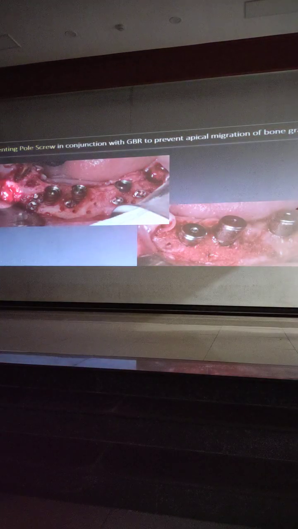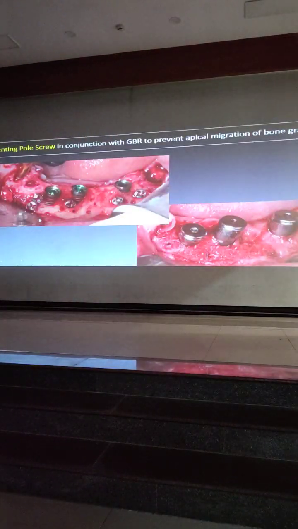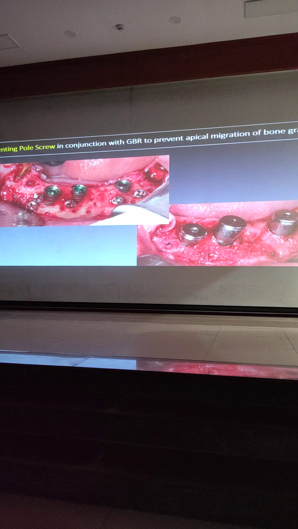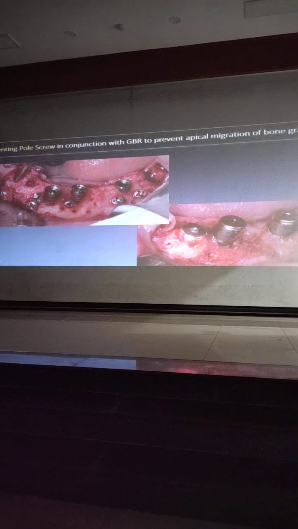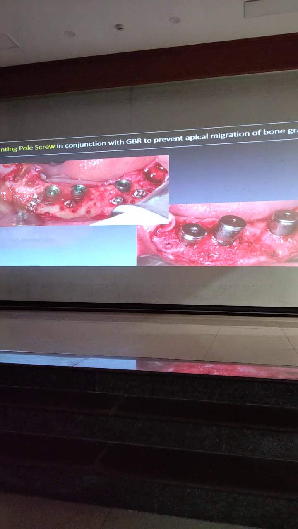I place 4 or 5 pins on two walls at the same time to prevent apical migration of bone graft. After healing, there is still some migration of graft materials around the implant, even though I use the technique.